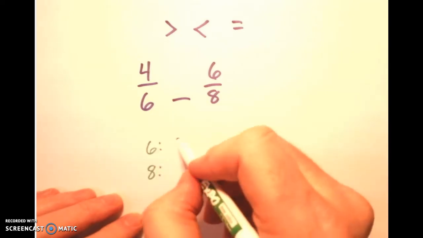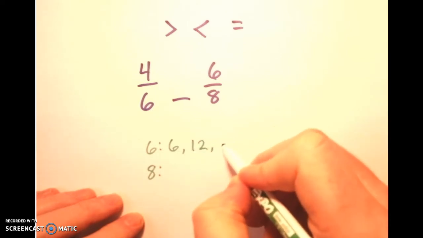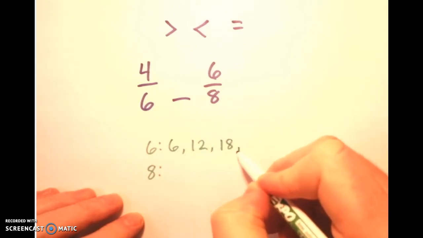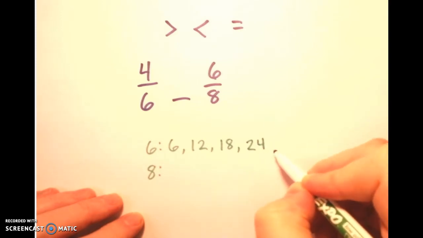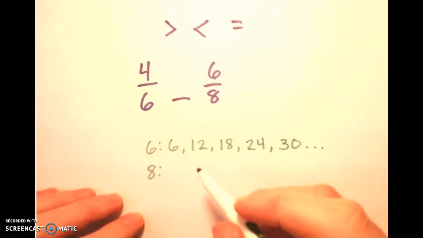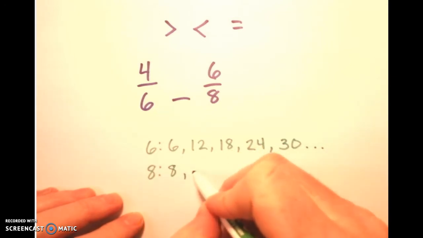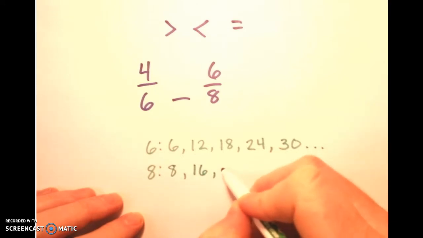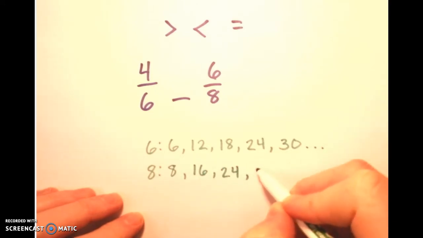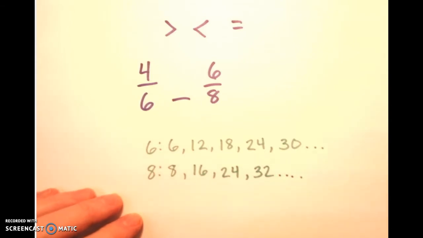My multiples of 6 are 6, 12, 18, 24, 30, and it goes on and on. My multiples of 8: 8, 16, 24, 32, and it goes on and on.